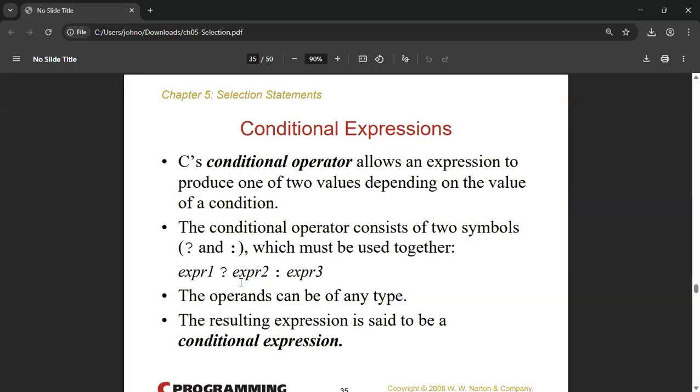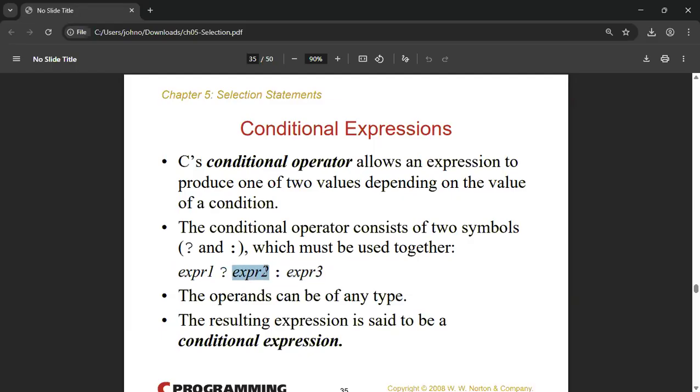We can have such a situation, but there's a simple way to have an expression like this. We can make use of the conditional operator. Also, we call this the ternary operator. So what this means is we have an expression here followed by a question mark, another expression followed by a colon, and then a third expression.